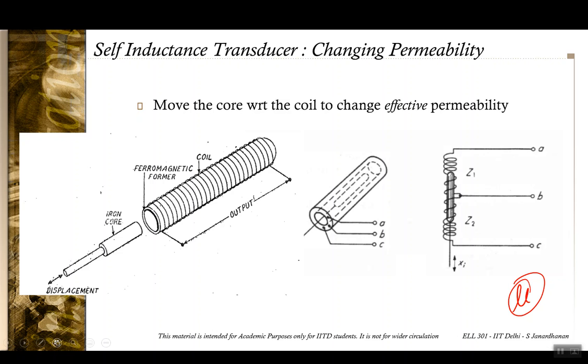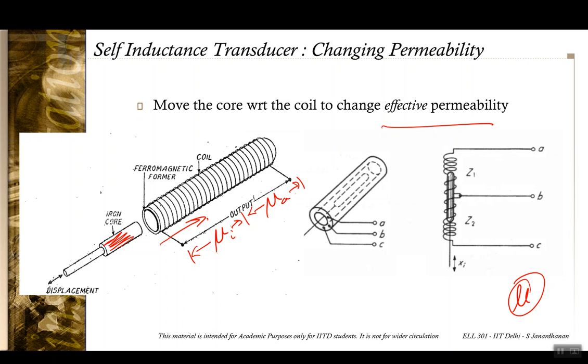So what you are changing is the effective permeability of the core by having an iron core and moving the core into the field of the coil. Here, a part of the coil will have the permeability of iron, and another part of this coil will be linked with the permeability of air.